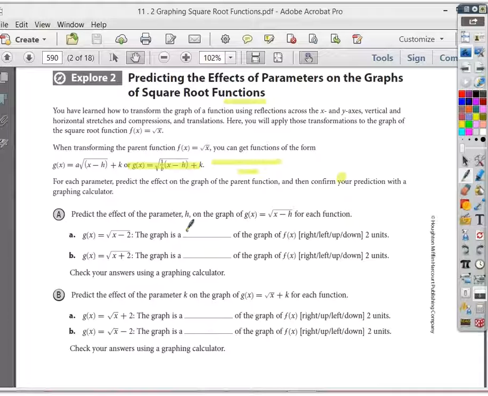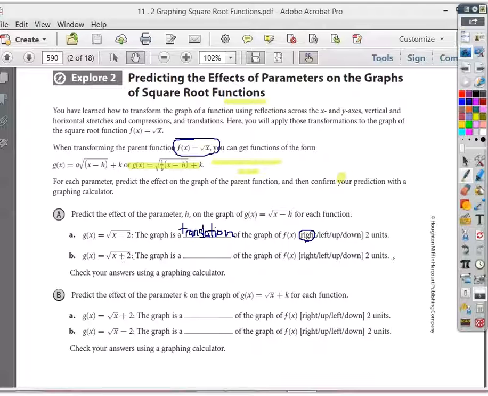One is shift, so we could say the graph is shifted, or is a shift of the graph, or the maybe more technical term is translation. We're not changing its size, we're not changing its shape, we're only changing where it's located, and that is referred to as a shift or a translation. So it's a translation of f of x. F of x is just the square root of x. So it's a shift of that graph 2 units to the right, or in other words, right 2 units.